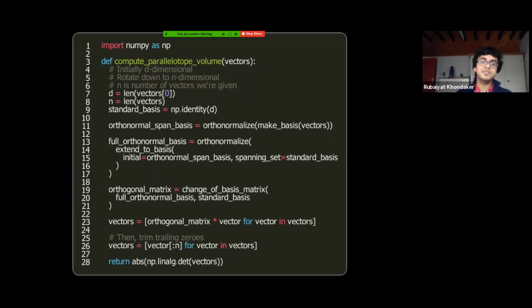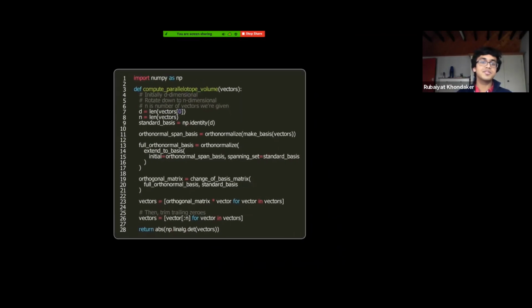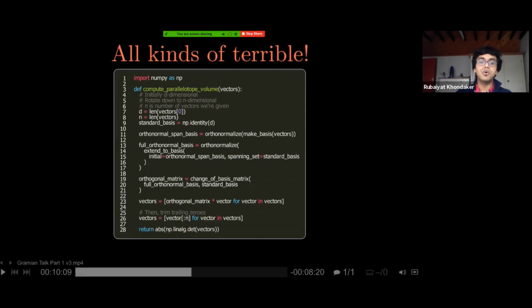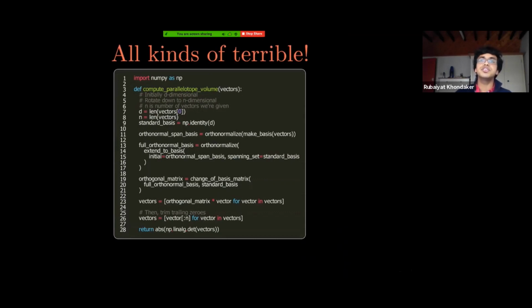And this code is just all kinds of terrible because it's very long. I haven't implemented these orthonormalize and make-basis functions, so you'd have to figure out how to do that. Like, how do you actually figure out if a set of vectors is linearly dependent?